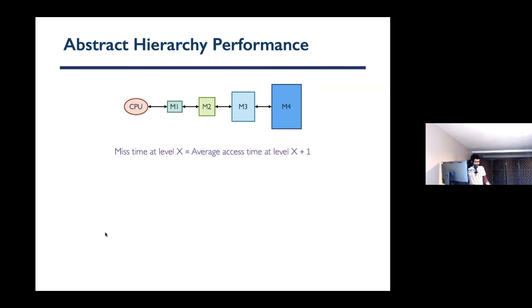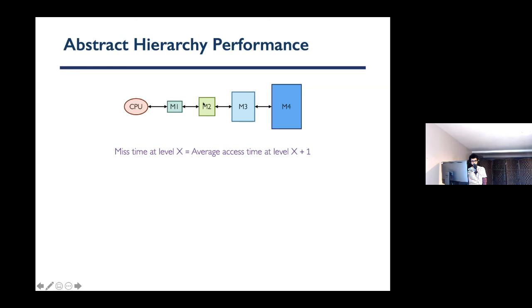So just to do a little bit of interesting math, right? If you were given a system with let's say 4 levels of memory, you can think of it as L1 cache, L2 cache, L3 cache, and then your main memory. Then one interesting thing is miss time at level 1. If you get a miss here, what's your miss time?